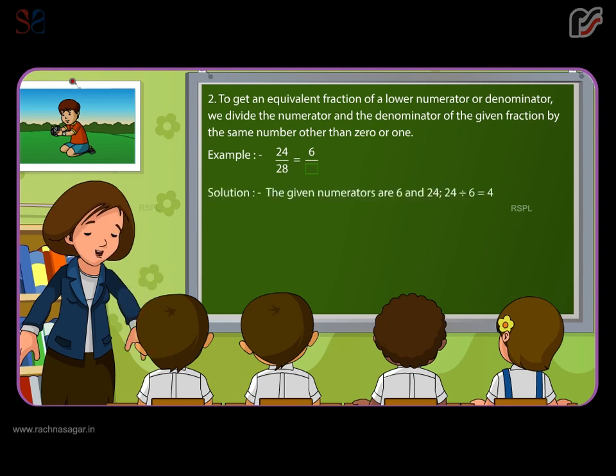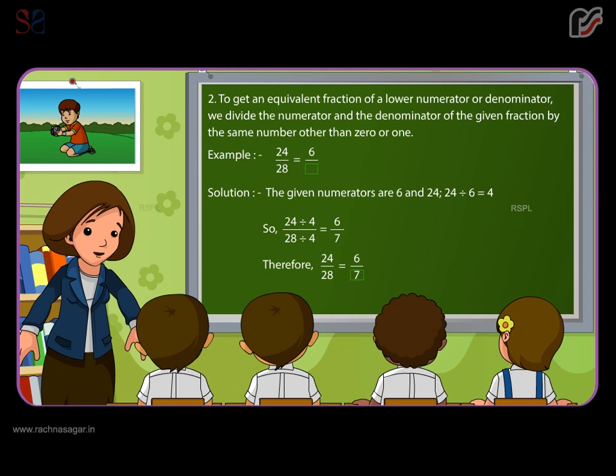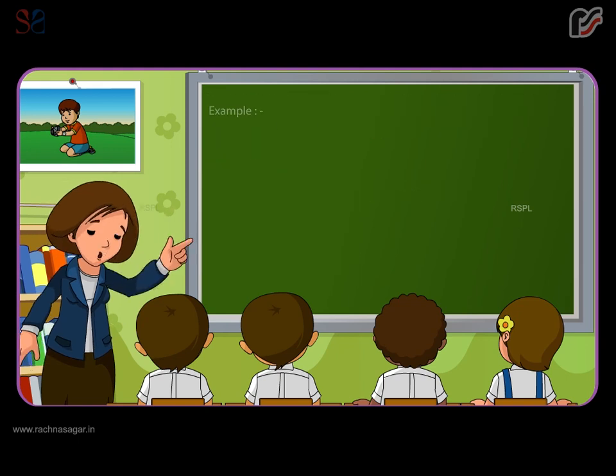The given numerators are 6 and 24. 24 divided by 6 is equal to 4. So, 24 divided by 4 upon 28 divided by 4 is equal to 6 upon 7. Therefore, 24 upon 28 is equal to 6 upon 7.